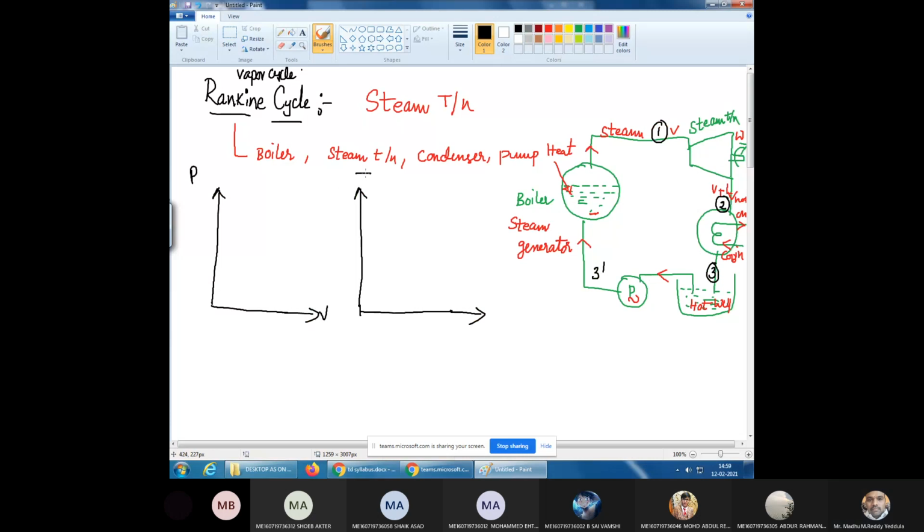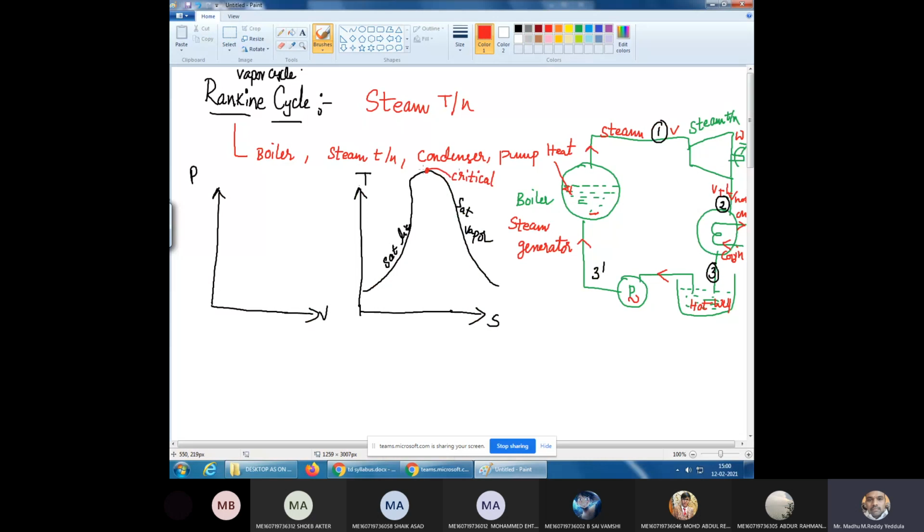In the chart, we have this line, which is called the saturated liquid line, and this line is called the saturated vapor line. The left line is the liquid line, the right line is the vapor line. The saturated liquid line and vapor line intersect at a point, which I can call the critical point.